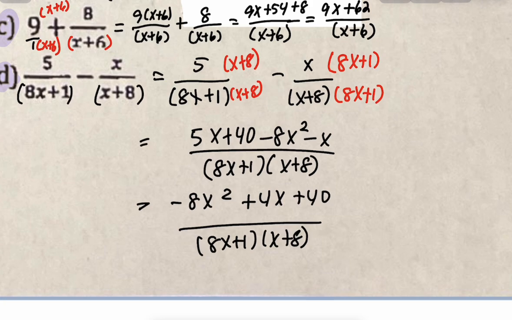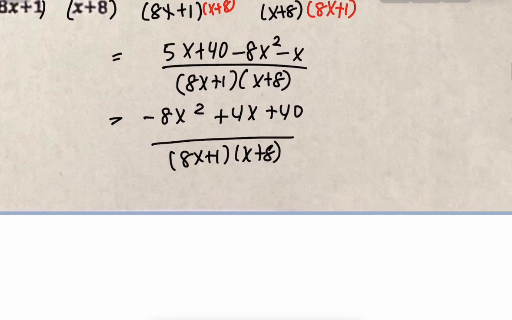Now, we really don't know if this is in simplified form until we look to see if our numerator is factorable in such a way that is helpful to us. I noticed that all of my numerator's terms are divisible by 4. And to fix the fact we have a negative in front, let's take out a negative 4. It will make things go a little nicer.